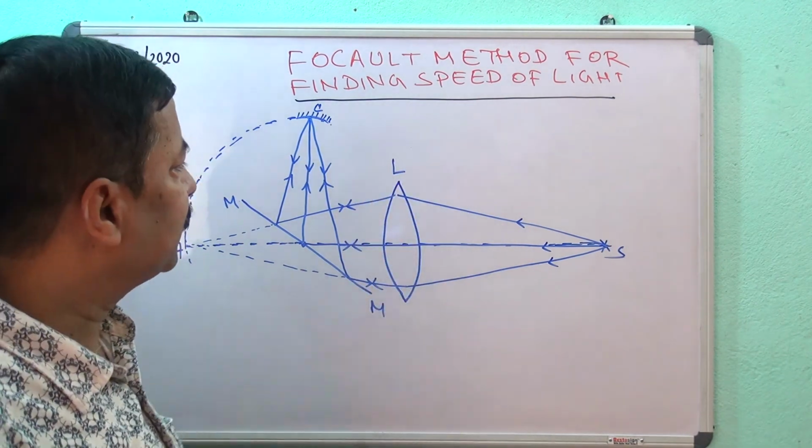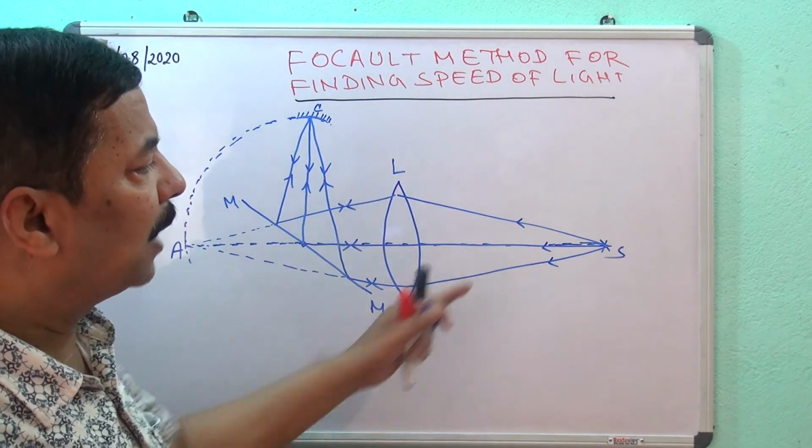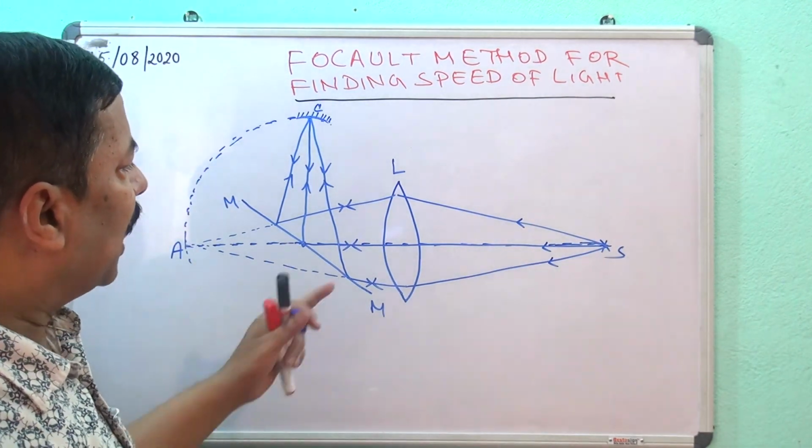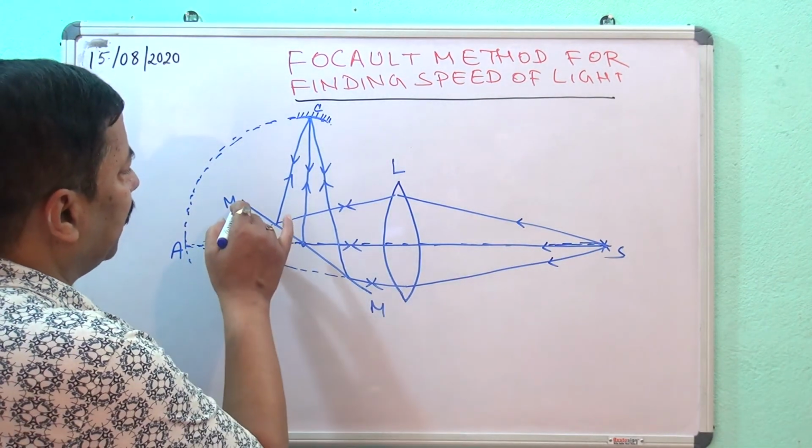So in the first step, I have made a lens, I have taken a source of light, and then here is the plane mirror.